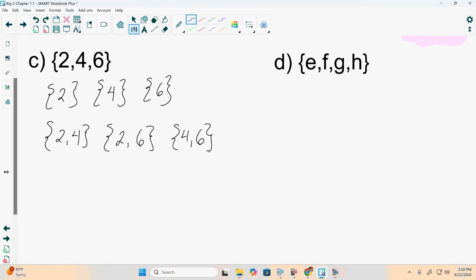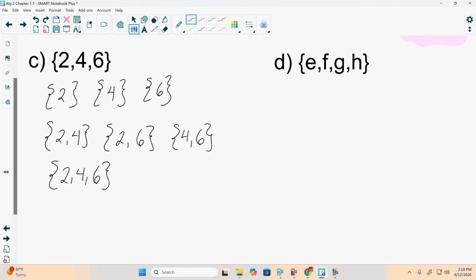I just do this for my own personal sake so I don't lose track of one or miss one. Are there any other groups of 2 subsets that we could have? No, but we do have {2, 4, 6}, yes? The whole thing. And that's it.